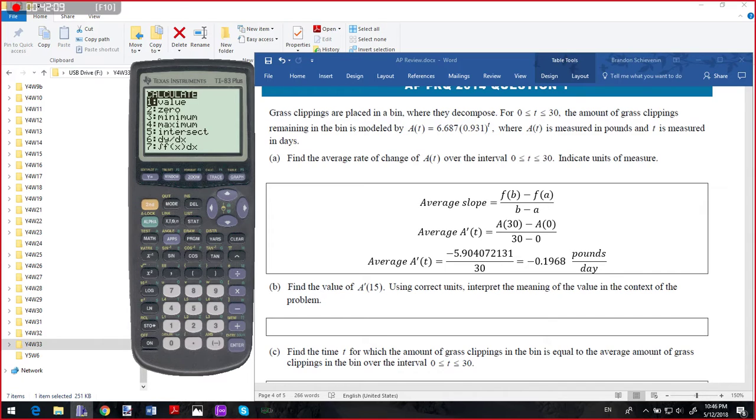Value. If I calculate value, that's going to give me A of t. I want A prime of t. So which one of these is slope? Is it intersect? Intersect is where two lines cross.